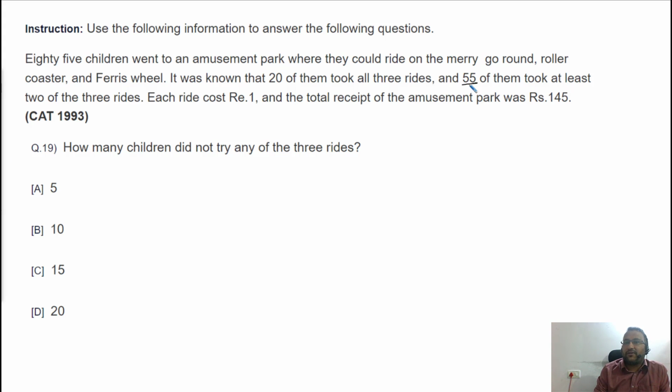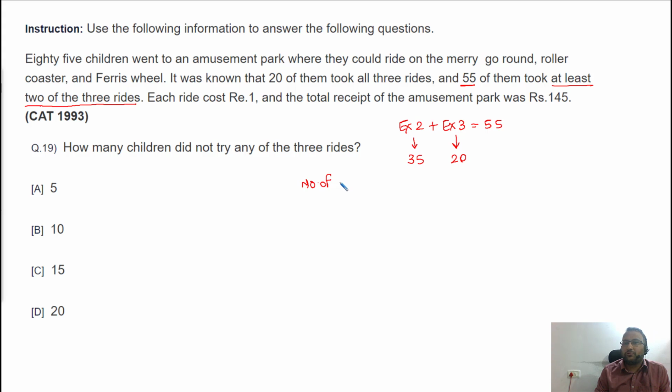So 55 of them took at least 2 rides. What does this mean? 55 of them took at least 2 rides out of the 3 rides. It means exactly 2 rides plus exactly 3 rides is equal to 55 students. Of that, we know that 20 students took all 3 rides. It means 35 students took exactly 2 rides. And the number of receipts, everyone?